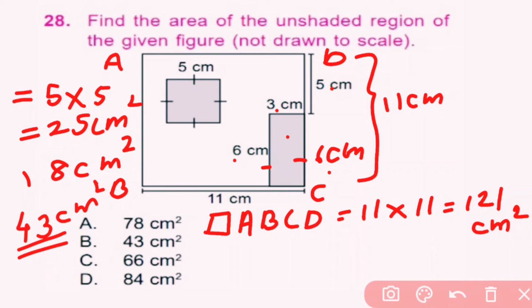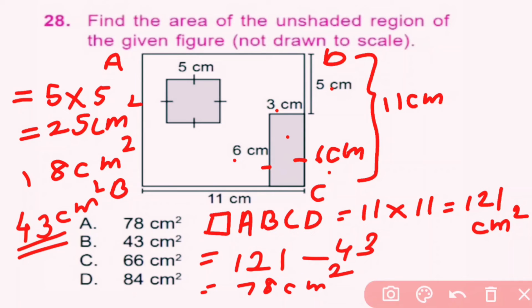To find the unshaded region, we subtract the area of the shaded figure from the area of the total figure. So 121 minus 43 is 78 square centimeters. So here A is the correct answer.